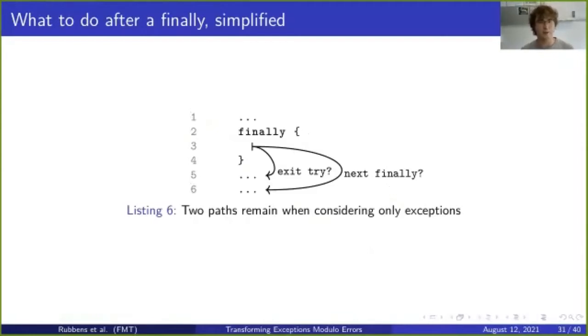If there's currently no exception being thrown, then we can just exit the try statement because we know the current control flow is regular. Otherwise, an exception is being thrown, and then we know we need to go to the next finally or catch clause. Now, this makes the control flow decision a lot simpler because it's a lot more homogeneous, and you only need to know about the next catch or finally clause.